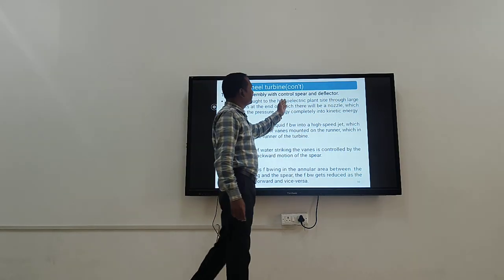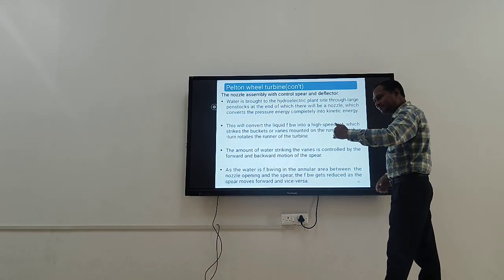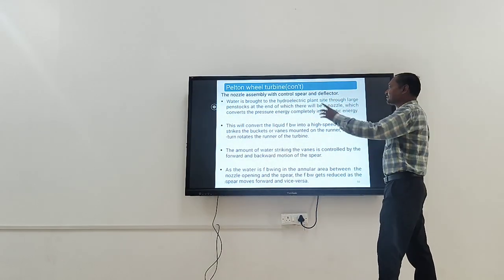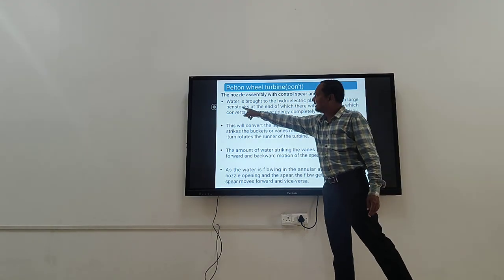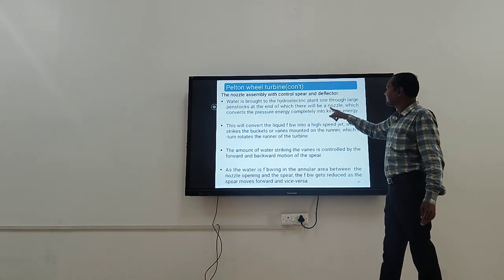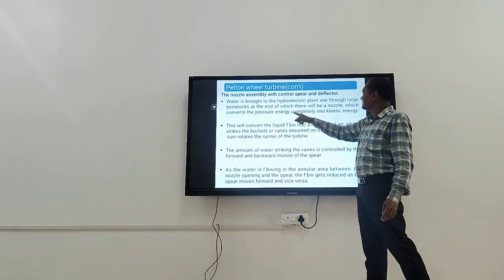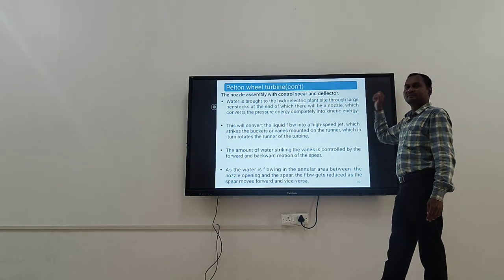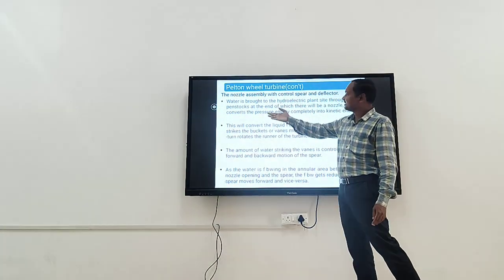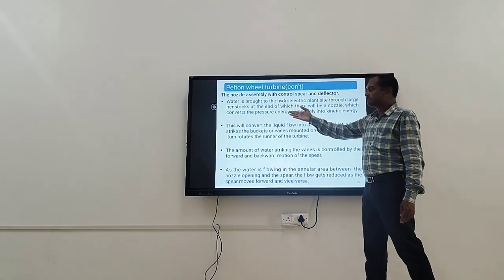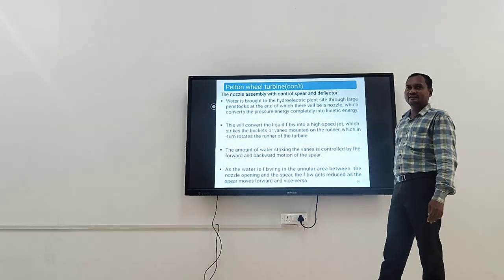Water is brought from the dam through the penstock, and at the end of the penstock the nozzle is attached, which converts pressure energy completely into kinetic energy. What is happening in your nozzle? The pressure energy available at the inlet of the nozzle is completely converted into kinetic energy.